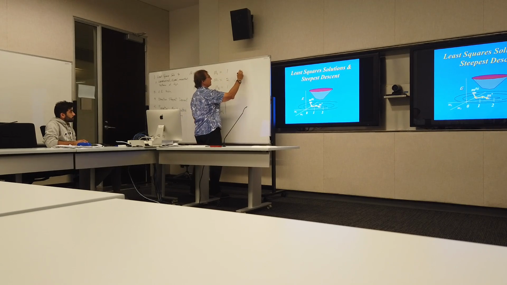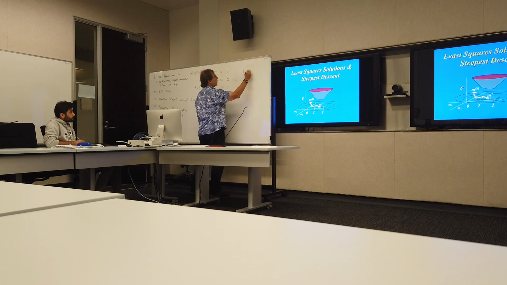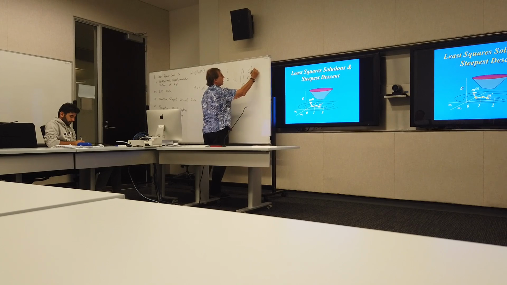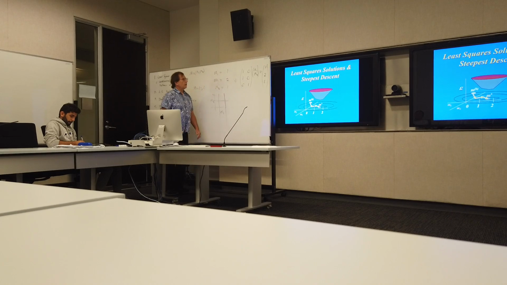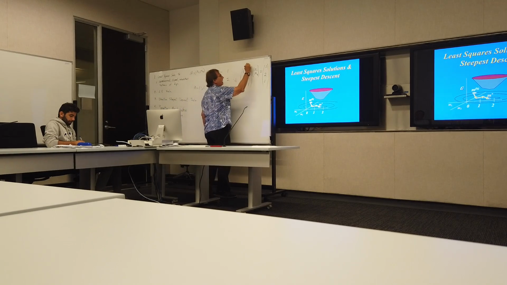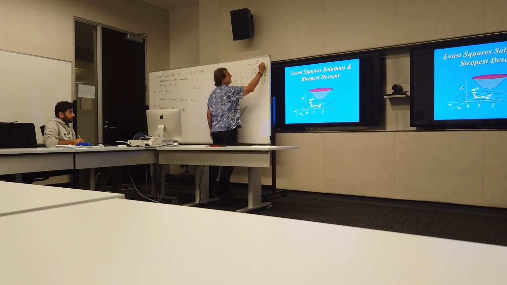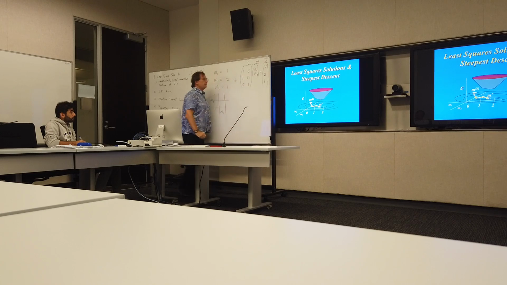The first row would be 1, 0, the next 0, 1, and on the right hand side, 1, 2, 1. Okay. So we can call this the L matrix, this the M vector, and this the D vector.